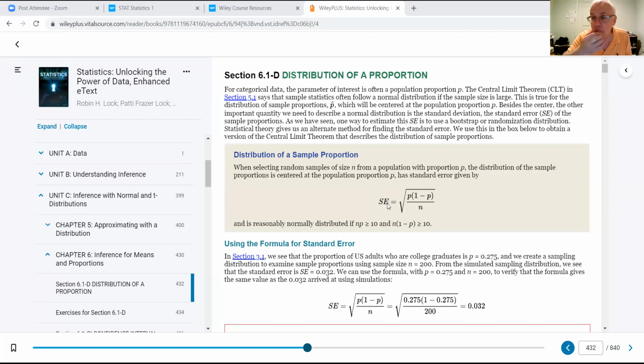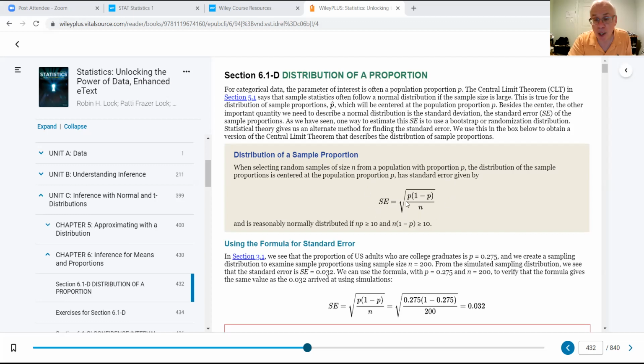Now, in the previous chapters, we used the simulated standard error that came out of StatKey. Now we're going to actually use a formula. So this is where the last formula comes in. We have to determine the standard error of the sampling distribution of sample proportions, and this is the formula right here.